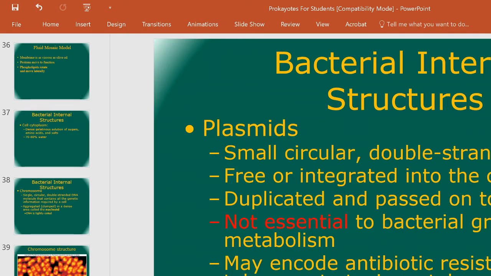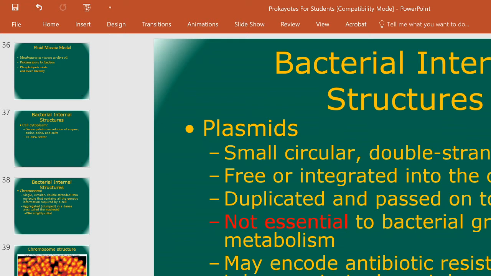Right? Other internal structures, a plasmid. Plasmids are also circular DNA, but they're much smaller than a chromosome. And you can see in red there, they're not essential, meaning they're optional. Some bacteria have them, some bacteria don't have them, okay?